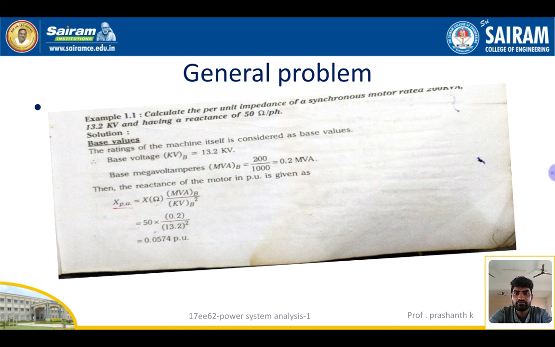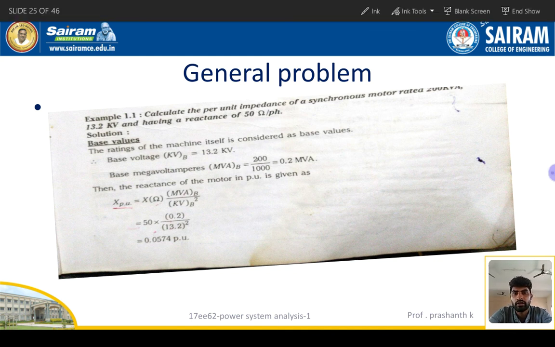Next we have a general problem. Calculate the per unit impedance of a synchronous motor rated at 200 kVA and 13.2 kilovolts, having a reactance of 50 ohm per phase.